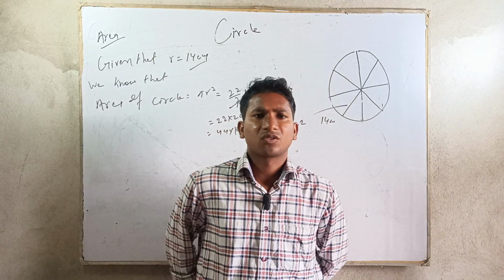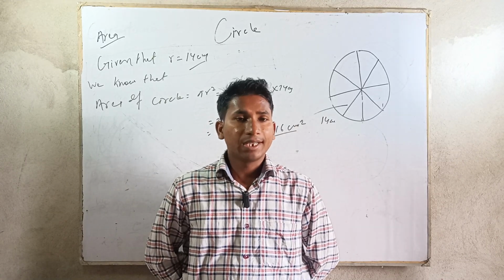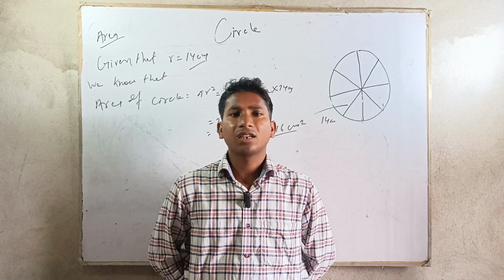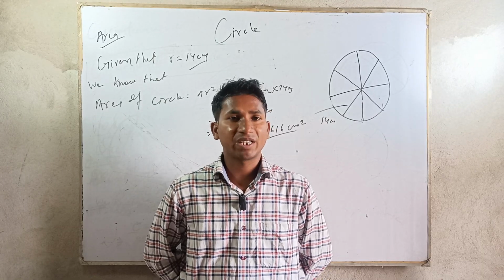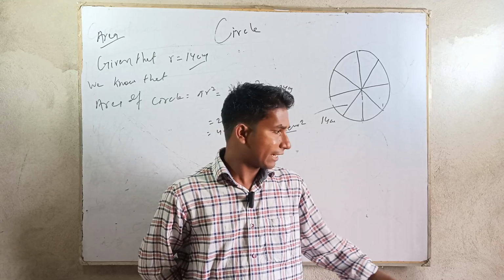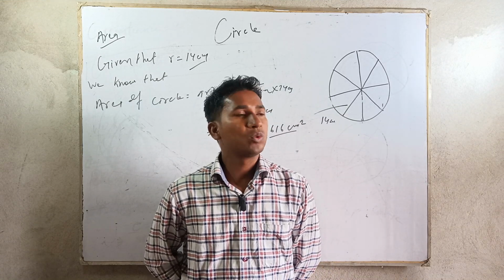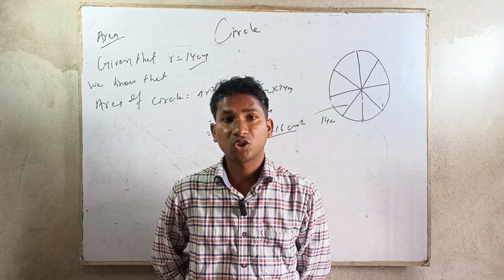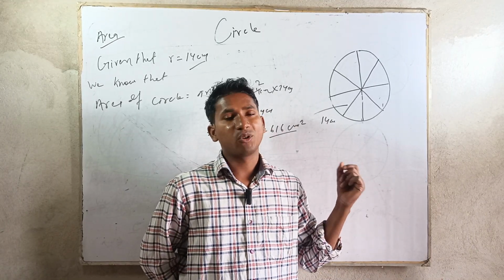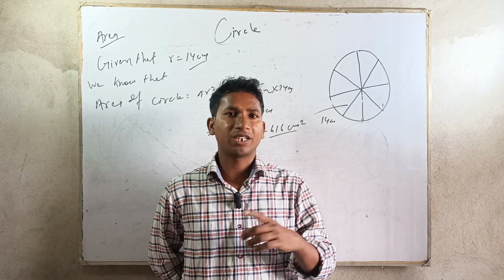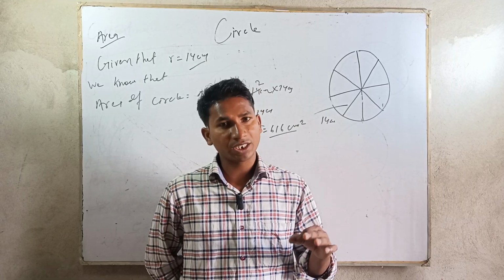And one more thing I would like to say about this figure. If someone says there is a requirement to fence, means gherav, fencing of a circle with wire, then how much wire is required? If the cost of 1 meter of wire is 5 rupees, then how much money will be spent to fence all around the circle? So this question is asked.